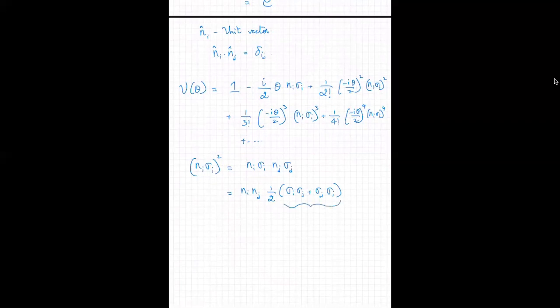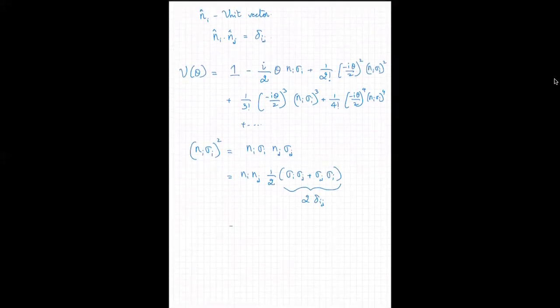This is the special property of the sigmas I was referring to. So this is basically 2 delta_ij. So this is equal to n_i n_j times 1/2 times 2 delta_ij, which is n_i squared. But since this is a unit vector, the length is 1. So this is just 1.